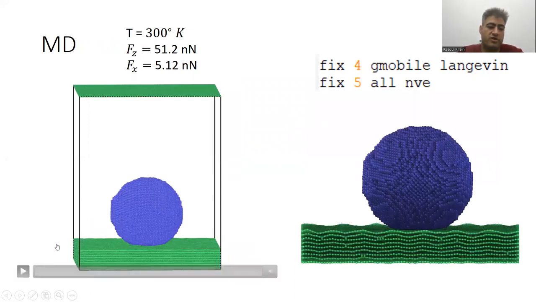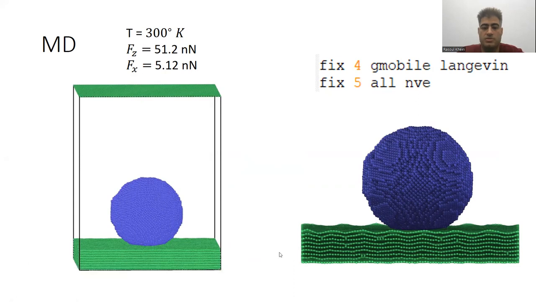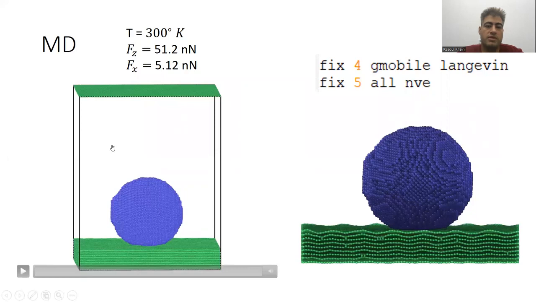After all, we have MD simulations. MD simulations means that a thermostat is applied to the particle, and there is a time integration for the evolution of the equation of motion. So here is a video for molecular dynamics simulations.